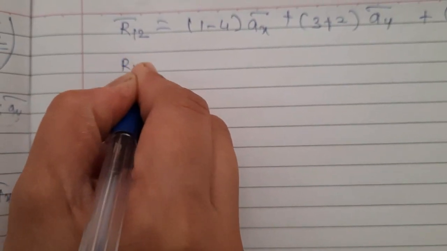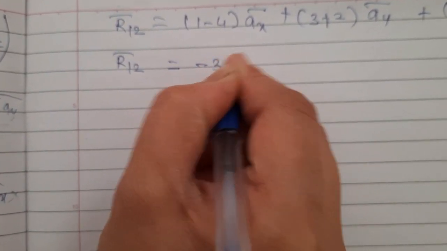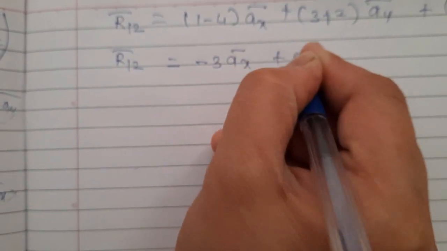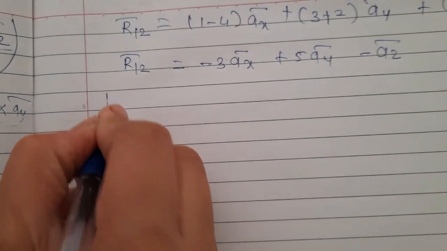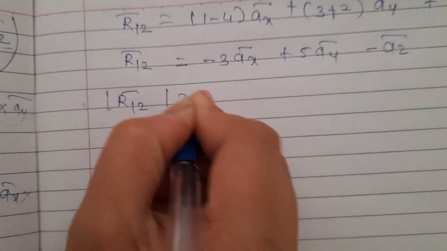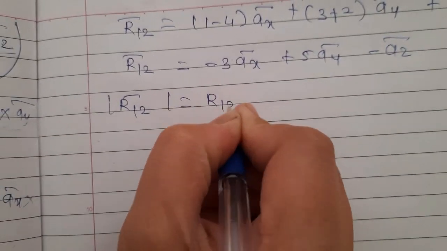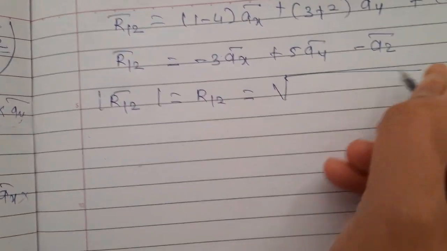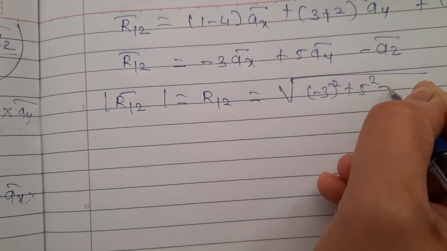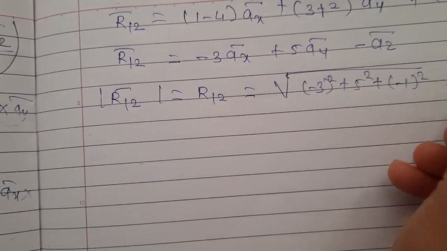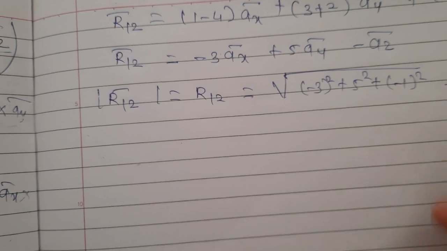So R12 bar is equal to minus 3 ax bar plus 5 ay bar minus az bar. So its magnitude R12 is equal to square root of (minus 3) squared plus 5 squared plus (minus 1) squared, which is square root of 35.